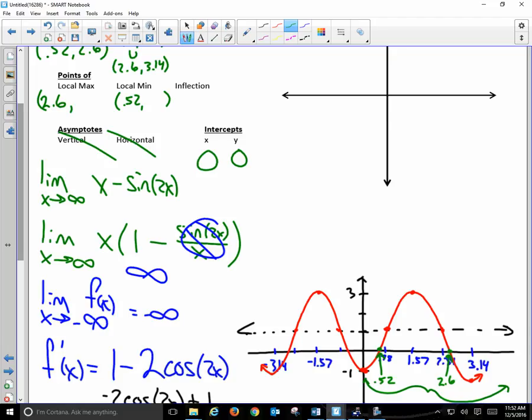And at 1.57 and at 0, right? And so we know that we have inflection points at 0 and at 1.57 and at 3.14. And so then we can plug those in to generate our y values. So we didn't even need to take a second derivative here. We could just look at that first derivative graph, which was pretty nice, wasn't it? I'm really happy about it.